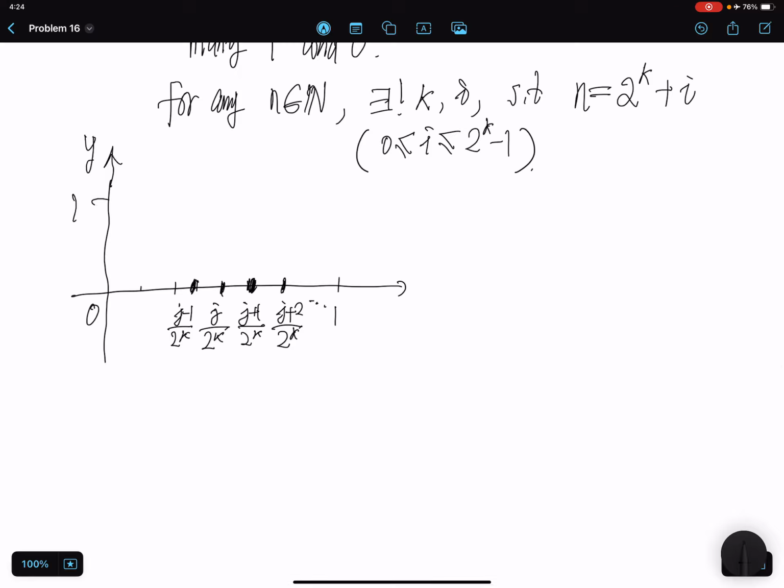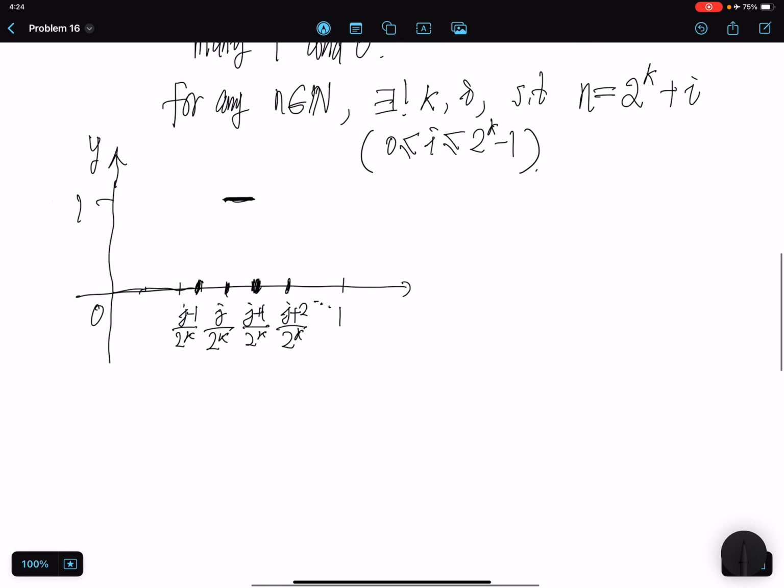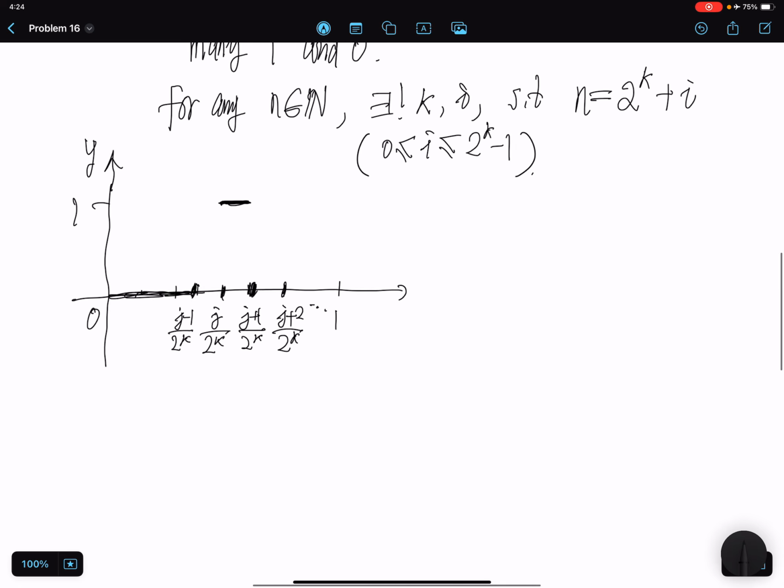So let's make a function like this. From j over 2 to the k to j plus 1 over 2 to the k, we make the value equal to 1. And this part we make 0, and this part also 0. In between, we make it linear.